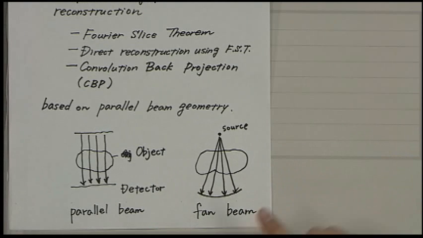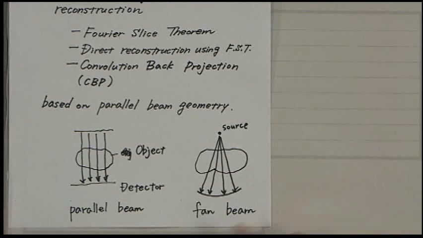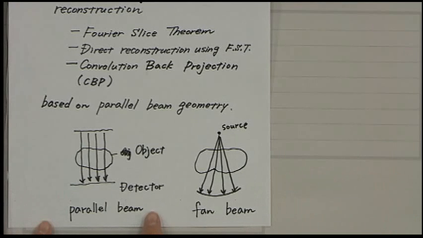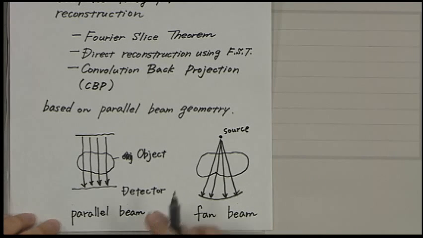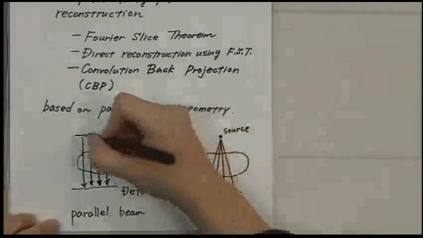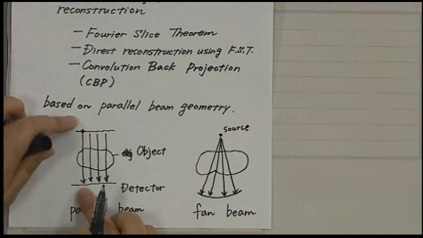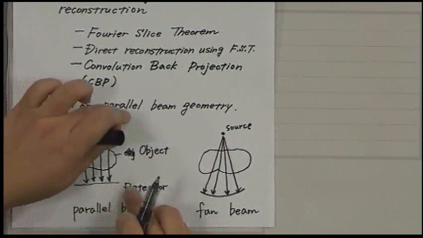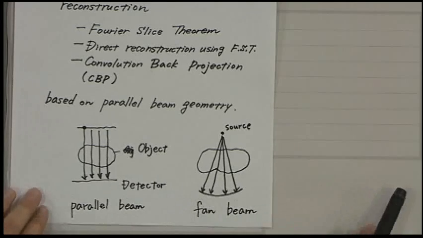I think Professor Bouman talked about this fan beam geometry last week. But in this lecture, we just assume we use this parallel beam CT reconstruction. Actually, this is the first generation CT geometry. How it works is there's one source here and one detector here. And then we get data and just move like this and keep taking the data.